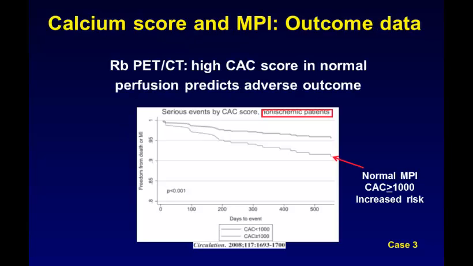Now, if you look at the literature, there is a nice paper looking at rubidium PET-CT as perfusion, and they looked at whether those with normal perfusion but very high calcium score had a difference in outcomes. Those with a normal perfusion scan but a very high calcium score over 1,000 had a worse outcome than those patients with a lower calcium score.